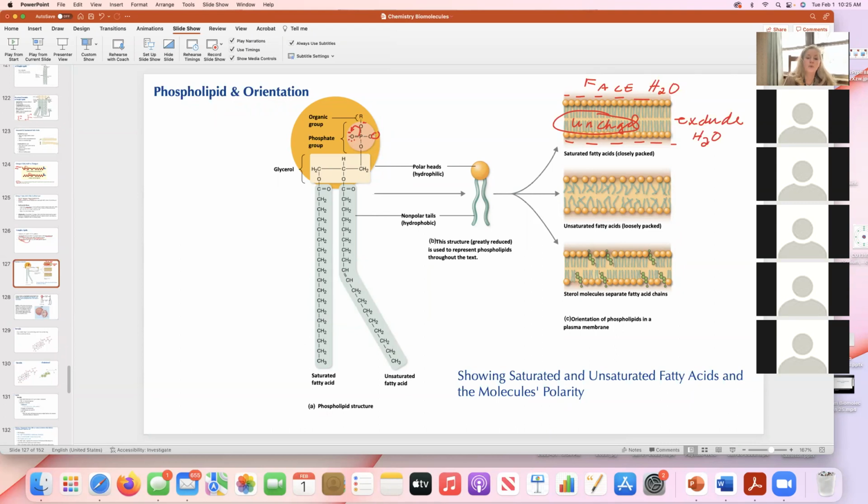And then when we get the whole fluid mosaic model going, we see our fatty acids all lining up, and interspersed in between, we're going to have some cholesterol molecules stuck in amongst our fatty acids.